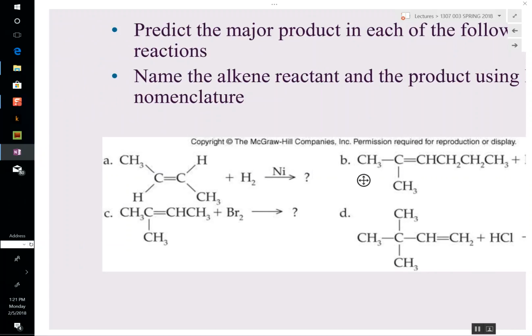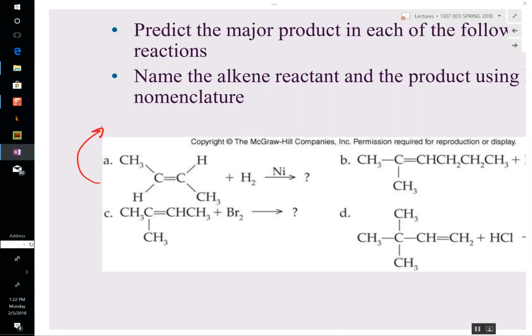Well, let's look at A. What is the major product going to be? If I add hydrogen, what I've got right there is trans-2-butene. What's going to happen to this double bond? It's going to go away. And what is it going to get on it?